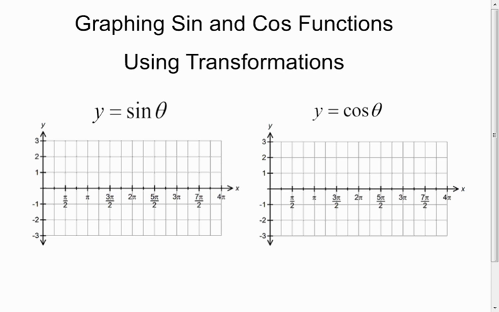Because of that, I'm going to dedicate a different video to how horizontal compression and stretch can be handled with sine and cosine functions, and we'll focus strictly on the nature of period when we do that. But in these examples, you'll see that we'll have horizontal shift and vertical shift, as well as vertical stretch or compression.